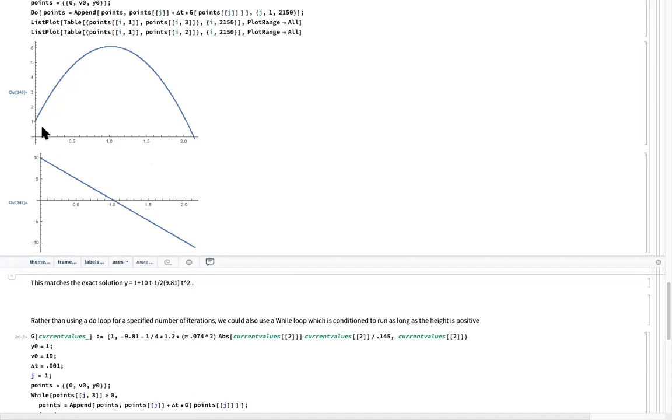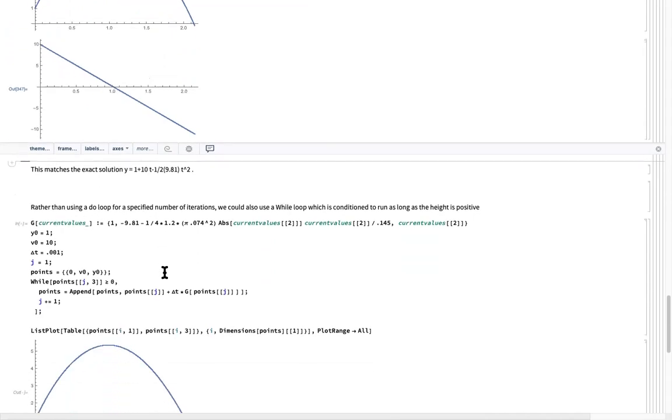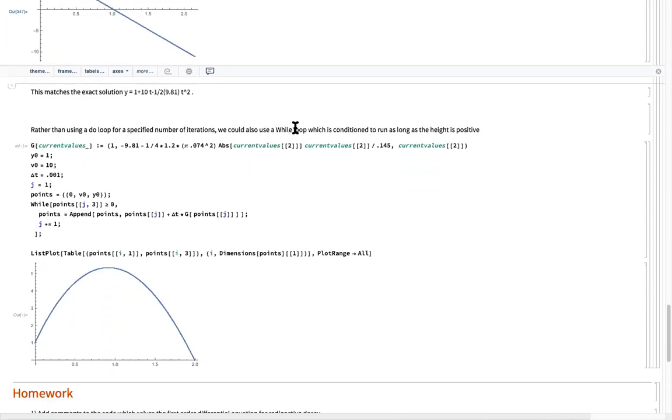Now, for this problem, because I solved it and by hand figured out roughly when it was going to hit the ground, rather than using a do loop, you could also solve the same problem with a while loop and just say run the loop until the height goes negative. So whenever the height is positive, you run the loop, and when it goes negative, you would stop it.